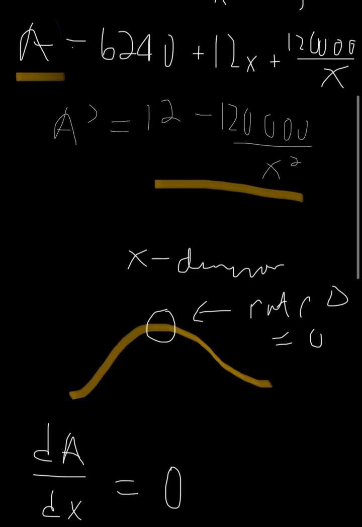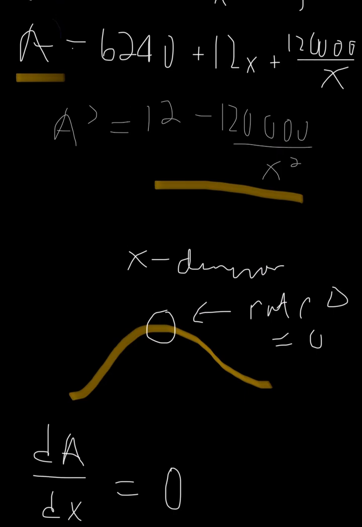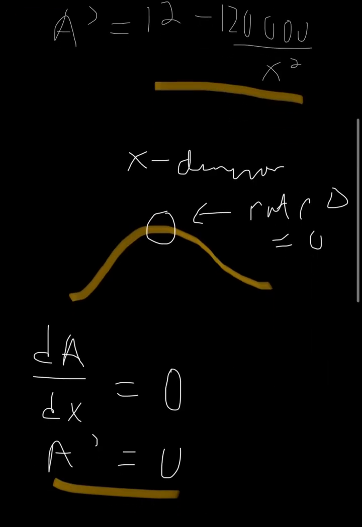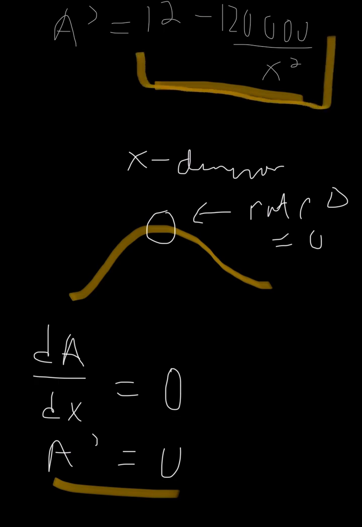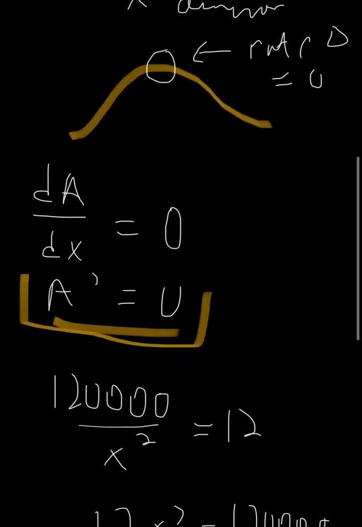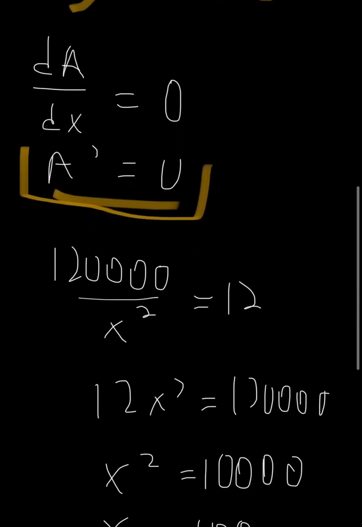But we also know at the same time, just through our rules of derivatives, that A prime is equal to 12 minus 120,000 over x squared. So once we know these two equations for the derivative, we're able to set them equal to each other. Once we do that, it's pretty straightforward.